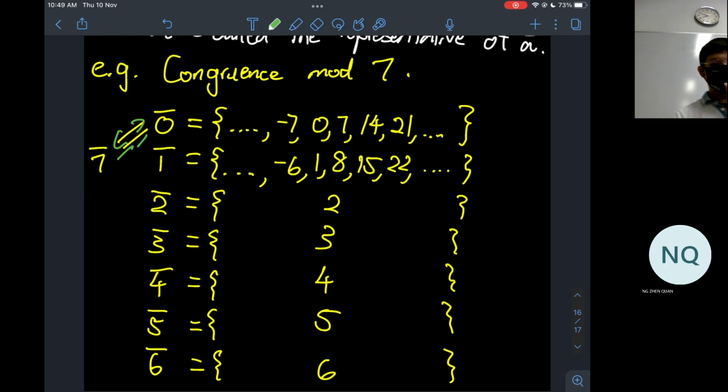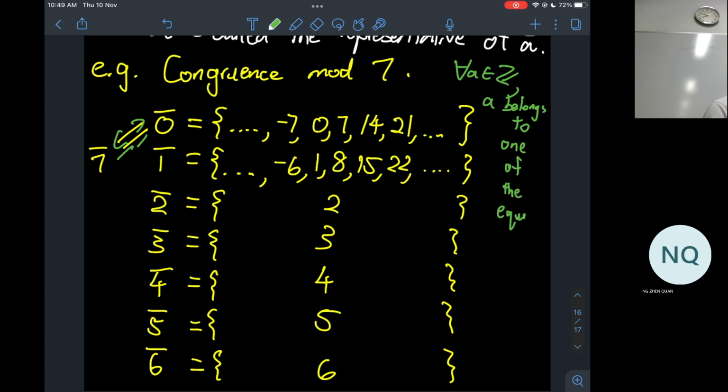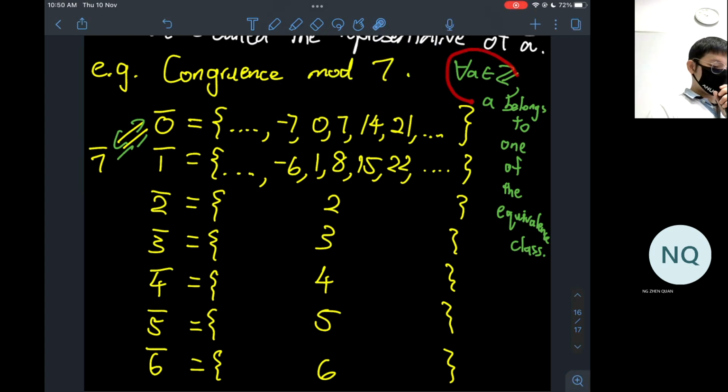What you can see here is, if you give me any a in Z, it belongs to one of the equivalence classes.